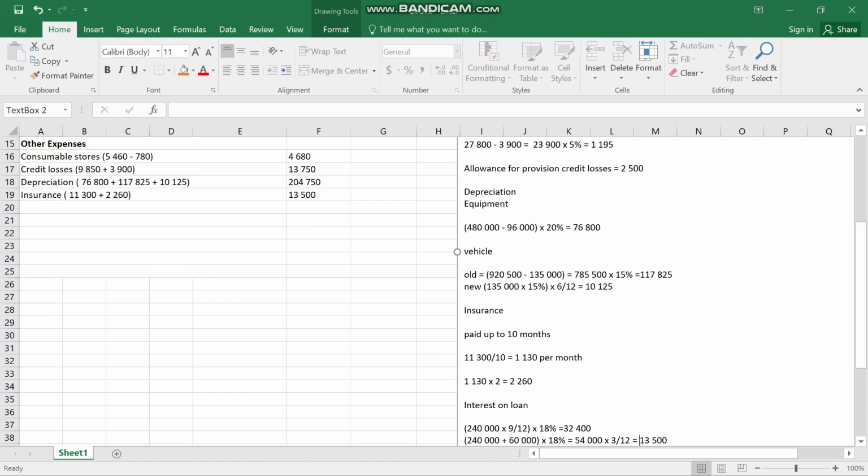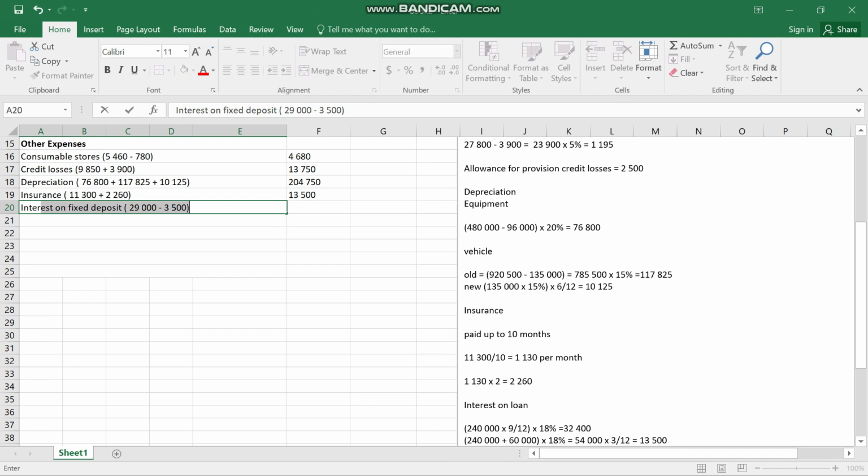So interest on loan is going to be 13,500 plus 32,400.